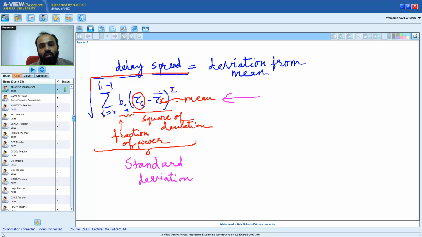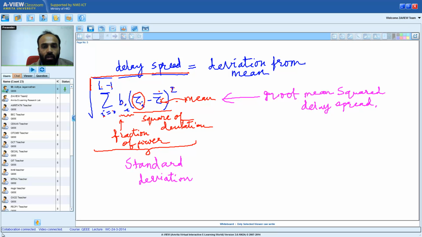This is also known as the root mean squared delay spread.